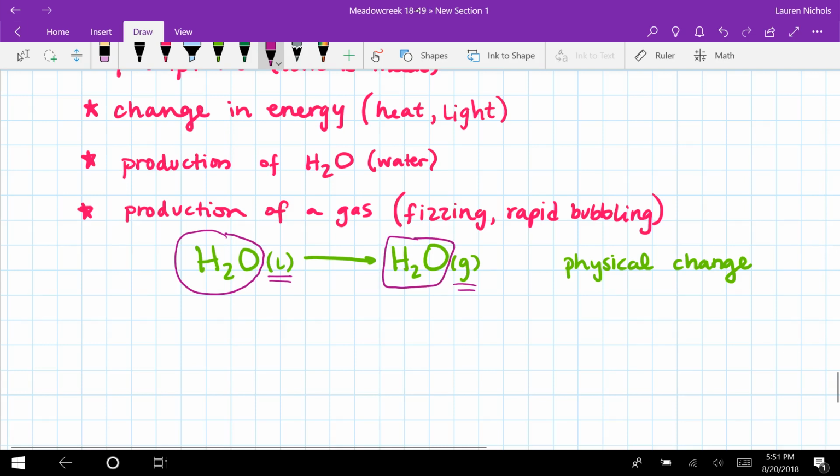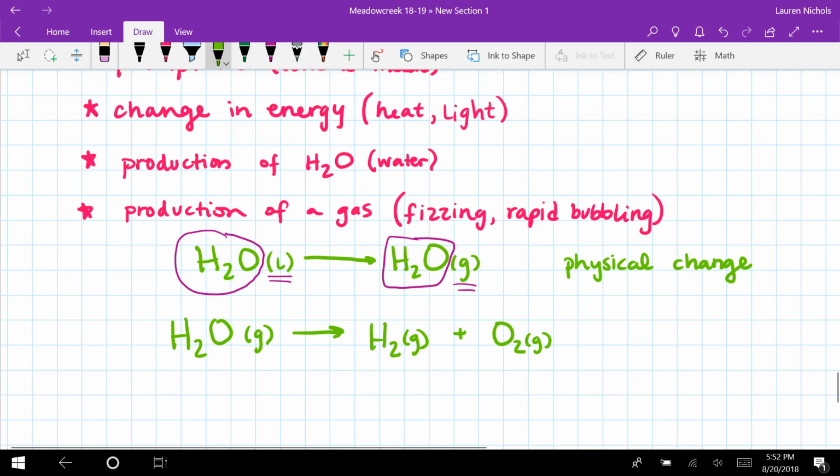So even if I see bubbling from when the water boils, it is not a chemical change. It is just physical. However, if I were to have that H2O, and let's say it's in a gas form, and it breaks down into hydrogen gas plus oxygen gas.